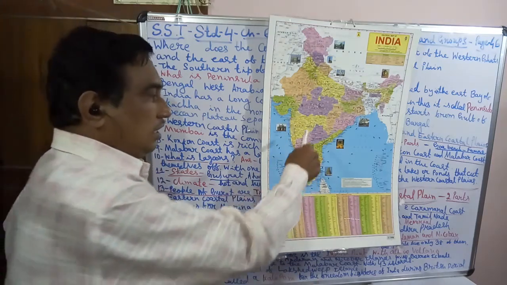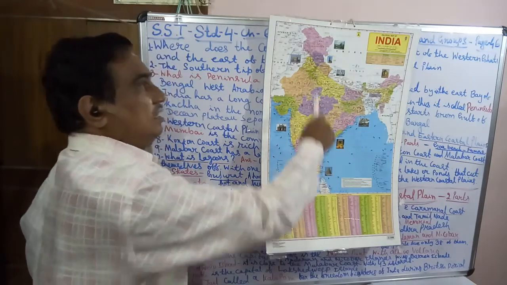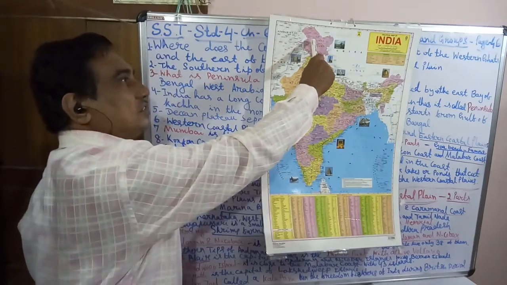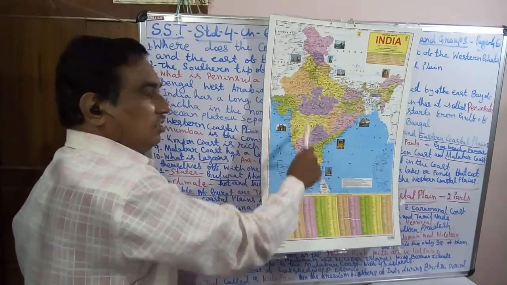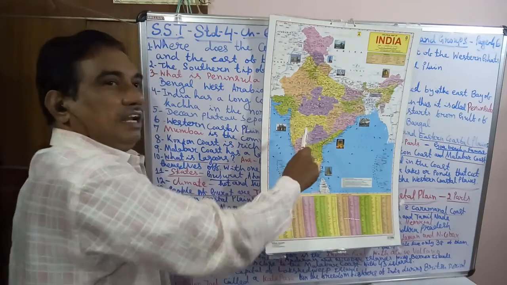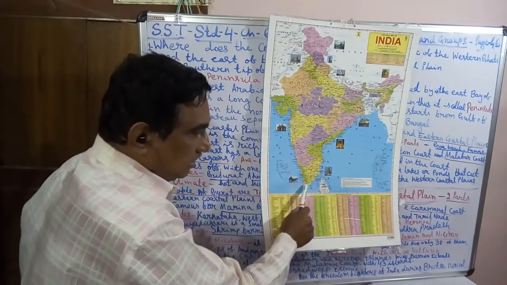This is the southern side, this is the northern side, eastern side, western side. The southern tip of the mainland is called Kanyakumari.